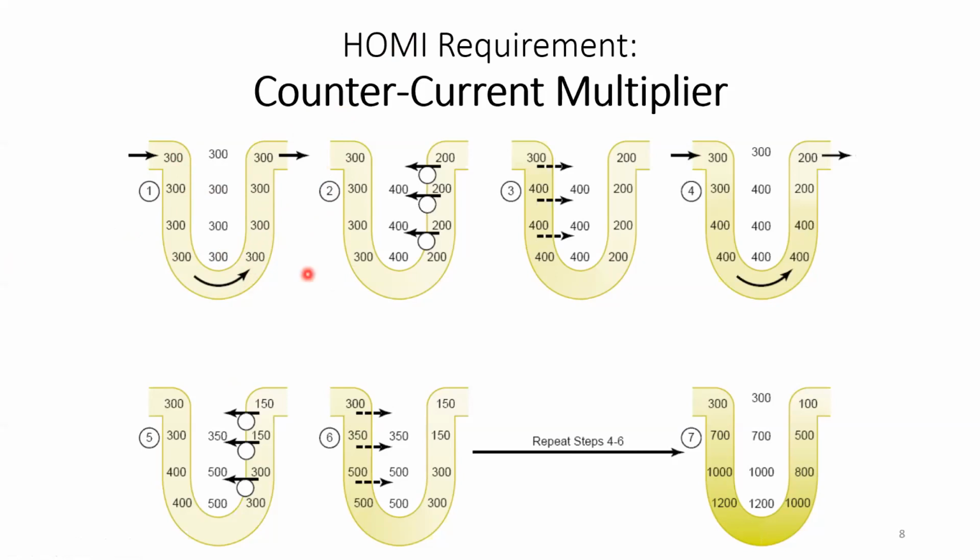Then the second thing to know about how this diagram is made is that when you see these arrows, this arrow here, this swinging arrow, and this arrow here, remember that this means that you have fresh fluid coming from the PCT into your loop of Henle. So this is what this means.